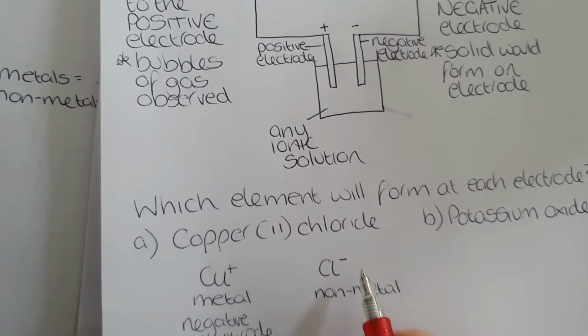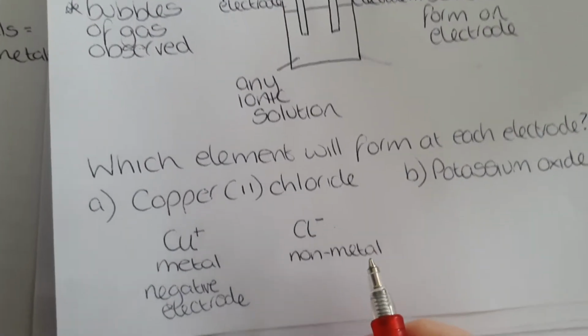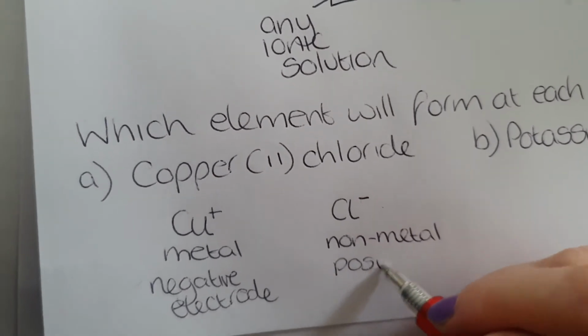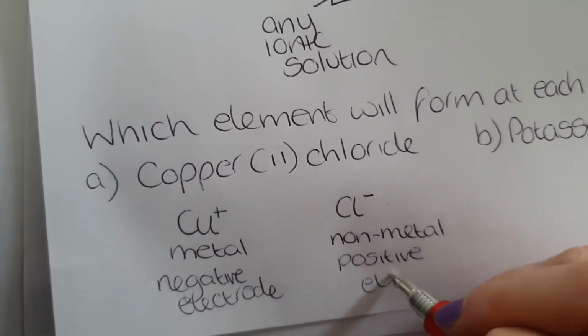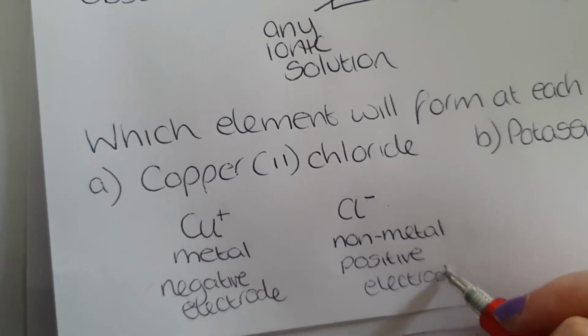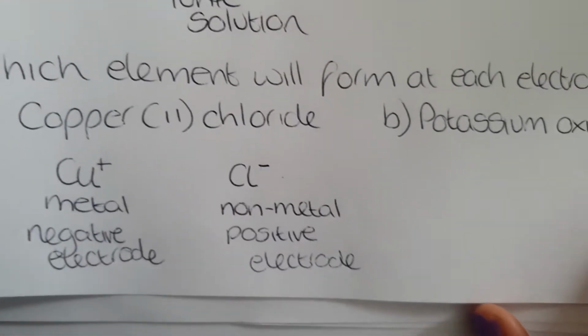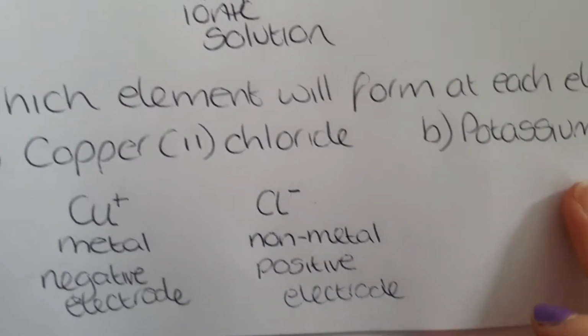The chlorine is a negative ion, so would form at the positive electrode as bubbles. You would be able to collect that gas or smell it because it's chlorine. You would easily be able to smell the chlorine gas.